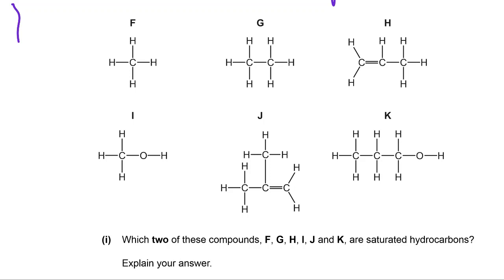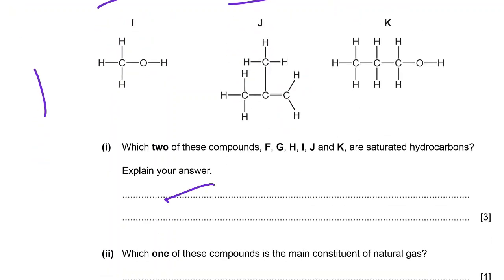So here saturated means all the bonds between the carbons are single bonds. So this one is saturated, this one is saturated, so it's F and G. Explanation: because there are only single bonds between all the carbons, which is saturated.